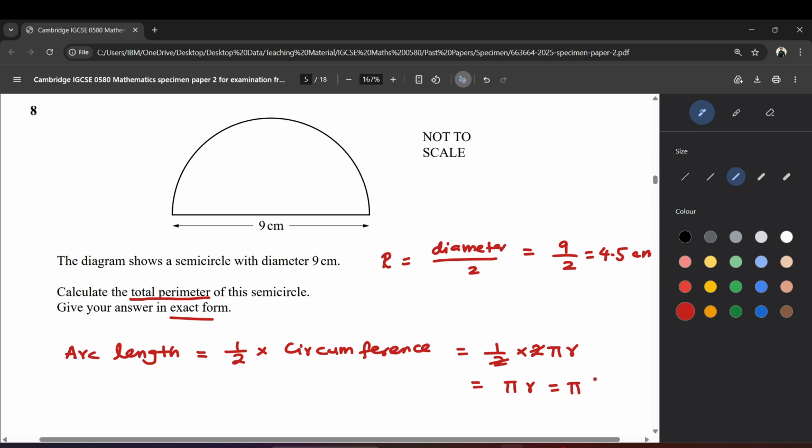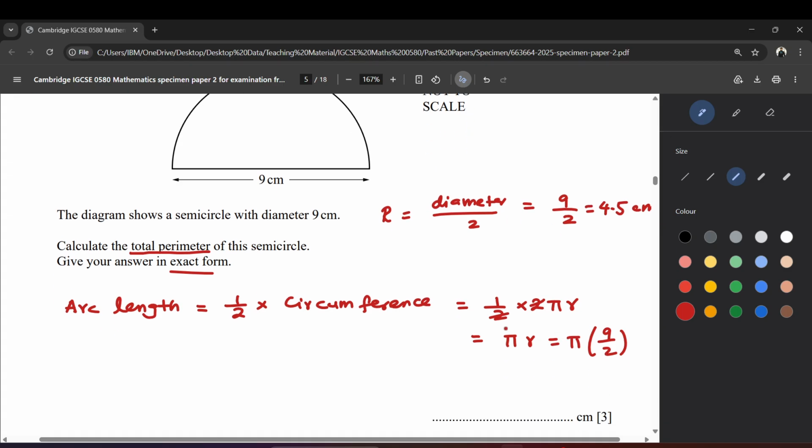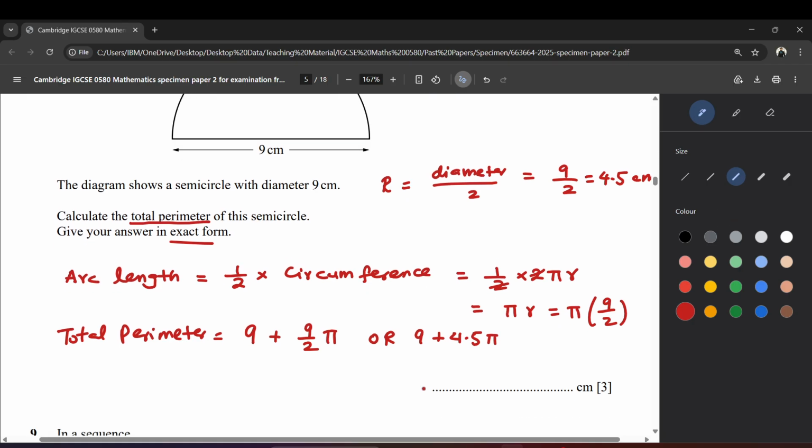Now r is 9 upon 2. So this is your arc length. Now the total perimeter will be 9 centimeters plus 9 upon 2 pi, or you can say 9 plus 4.5 pi. So that will be your final answer.